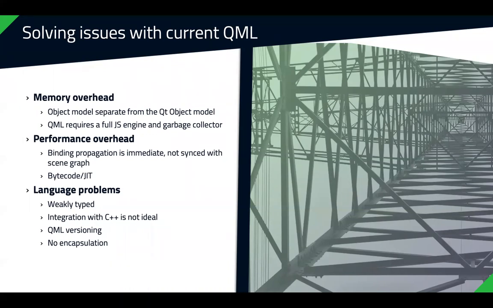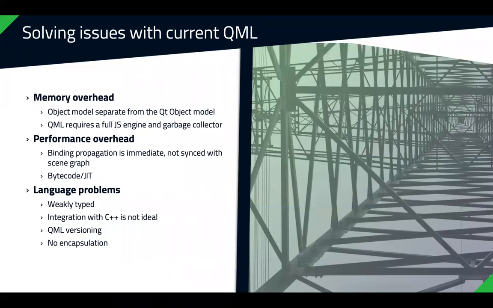I talked about the meta object changes before. And because it requires a full JavaScript engine and garbage collector. Performance overhead: the binding propagation is immediate. It's not lazy or synced to the scene graph, and the bytecode and JIT have some additional overhead there as well.